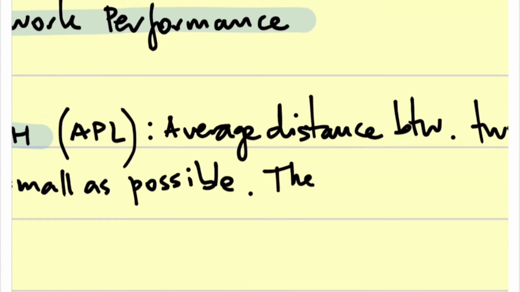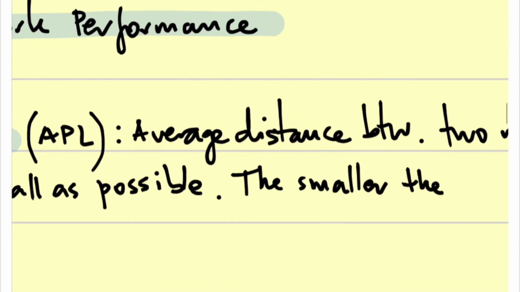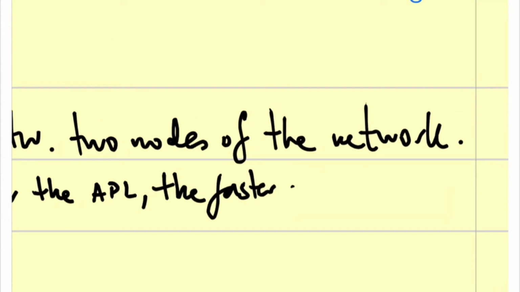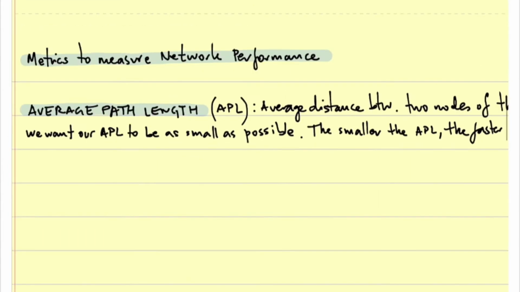The smaller the average path length, the faster value will flow through the network.